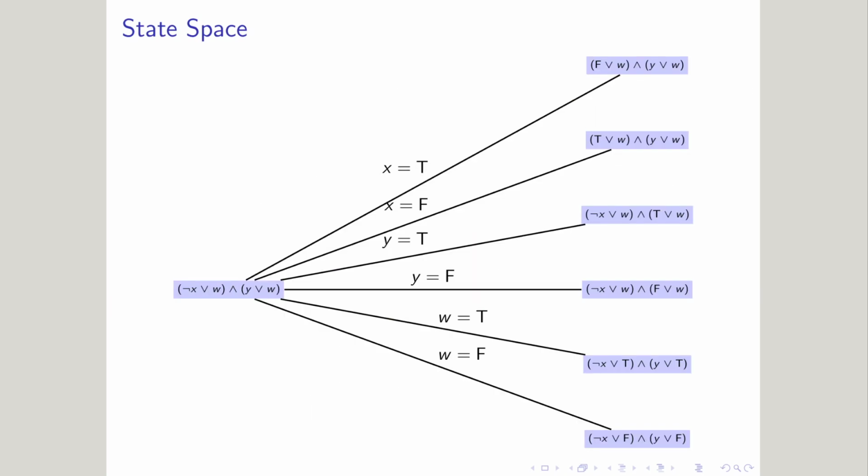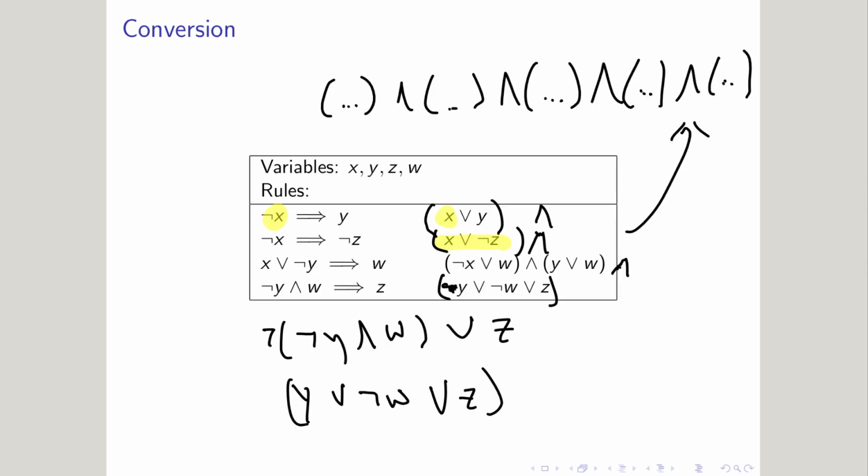Let me actually just finish here. We don't have any implications or conditionals or whatever you want to call them. We just have this huge formula. So this is also sometimes called a formula.